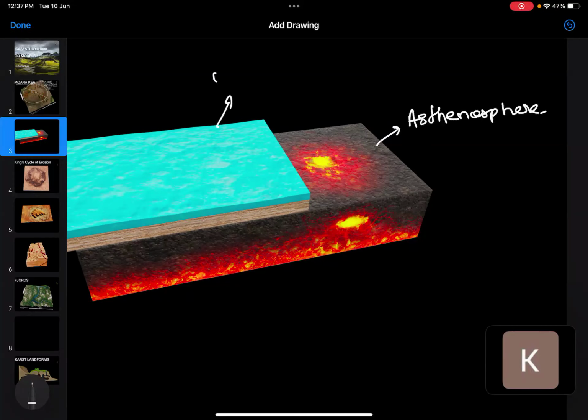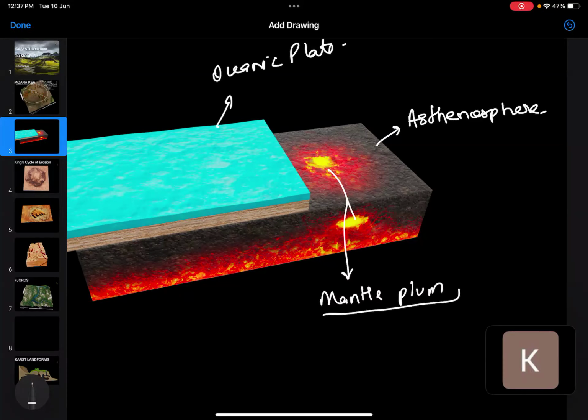This is the oceanic plate. And these two things are part of the mantle plume. This is an important thing which we need to notice. And this mantle plume has its origin at the outer core.